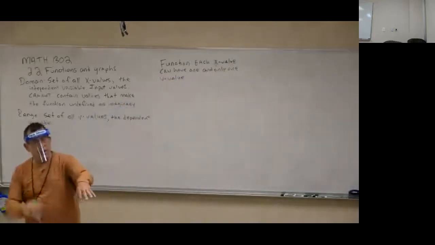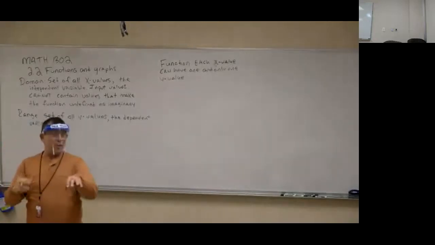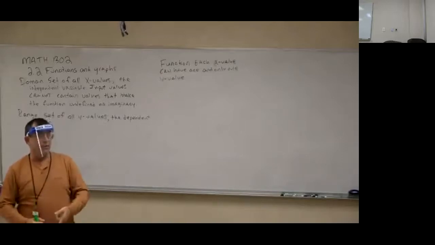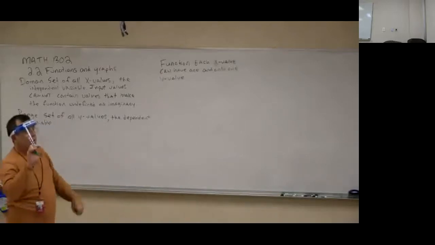I want to put one number in, get one number out. I can't have a choice. So if I put a number in and it gives you a choice, then it's not a function. Okay, a function has one input, one output.